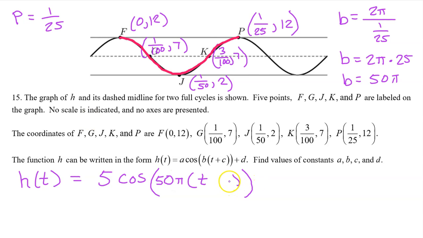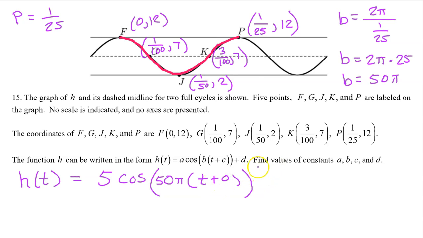The c value is the opposite of the phase shift, and the phase shift is the first input value of the period that you are using. The first input value is 0, so that means the c value is also 0, which we don't really have to write, but I can just put a plus 0, or I could have left it blank.